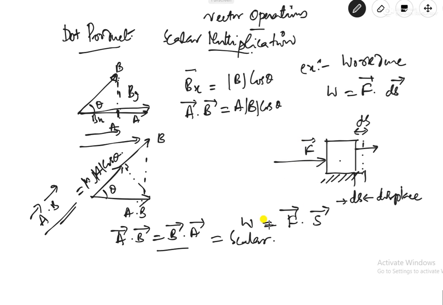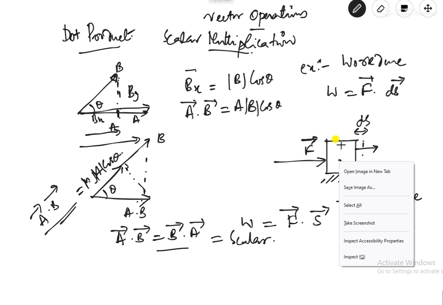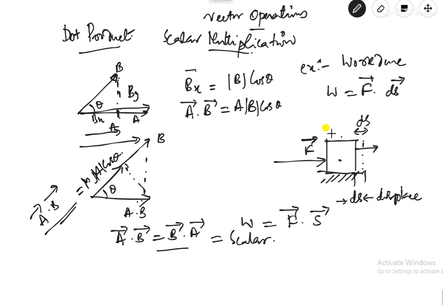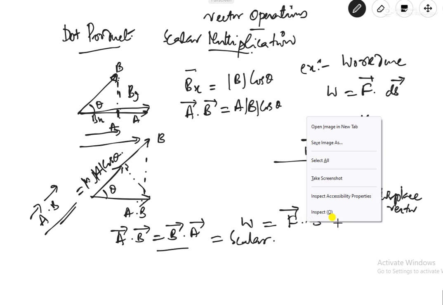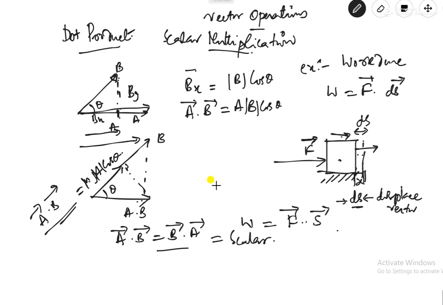So here also there are two vector quantities. The force is making this object move through a displacement of delta S or dS. The dS is again a vector quantity. When both are multiplied, we get a scalar quantity, because the magnitude of these two is independent of the direction of force and the direction of application.